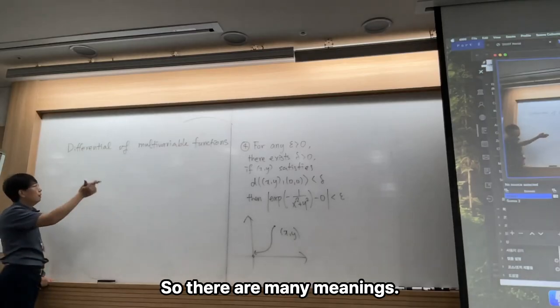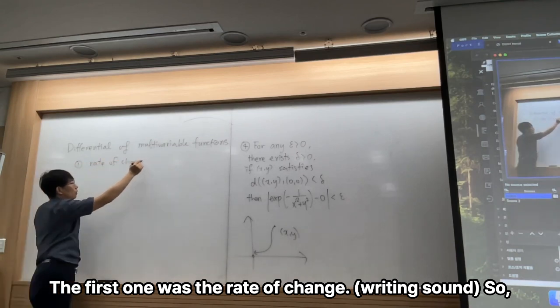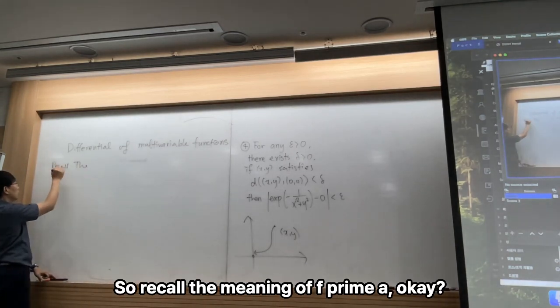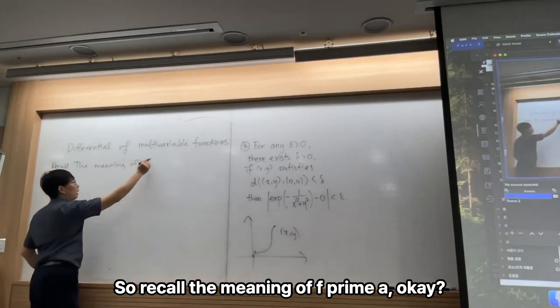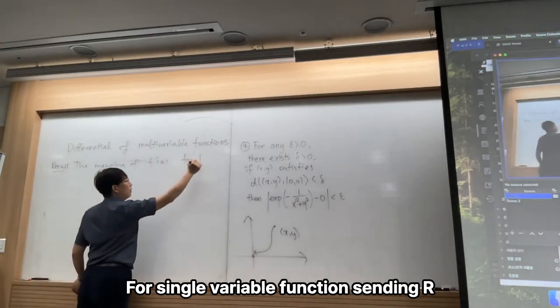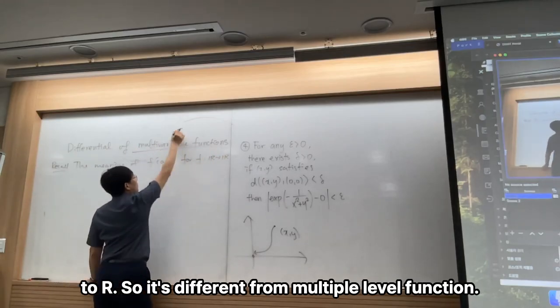So there are many meanings. First one was the rate of change. So in the single variable case, to recall the meaning of f prime a, for a single variable function sending R to R, it's different from a multivariable function.